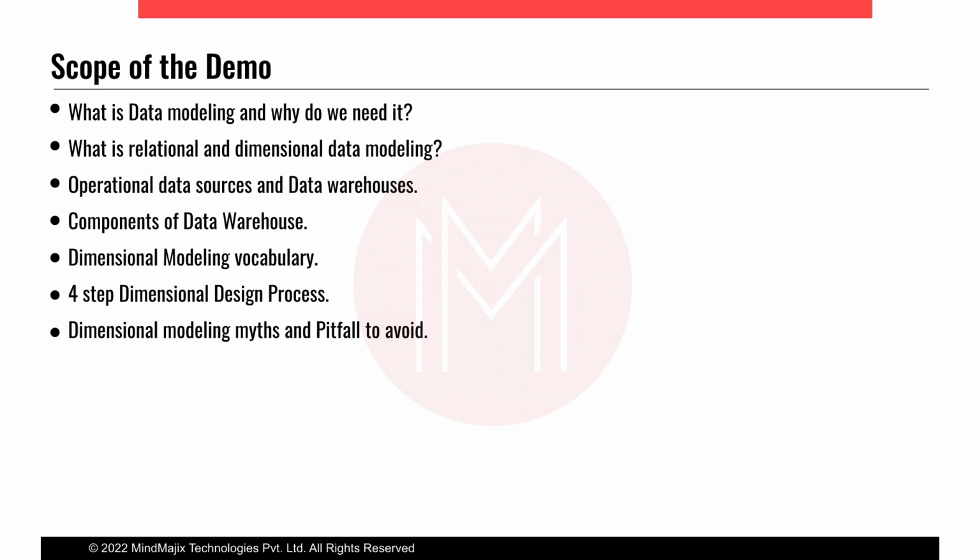Once we understand the business process, and the grain, at which granular level our data warehouse is going to store the data, the next step is to understand the dimensions. Dimensions are the master attributes or master data that is going to be used in the aggregation or labeling of our numeric data.